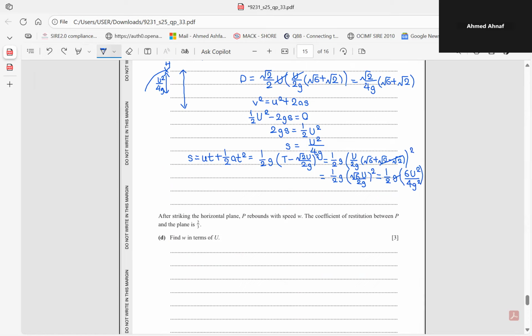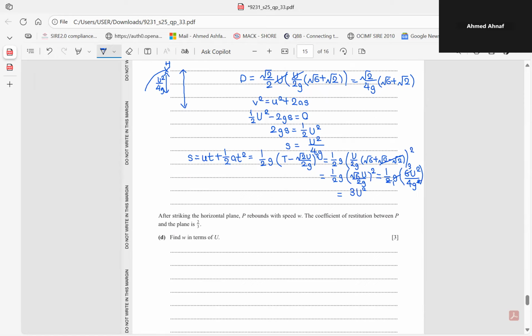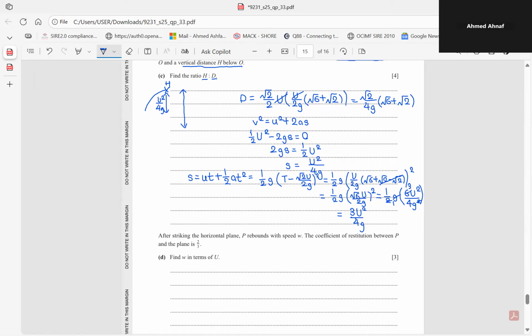Okay, sorry. Yeah, so this g cancels out. So this whole distance moved becomes 3 big U squared over 4g.